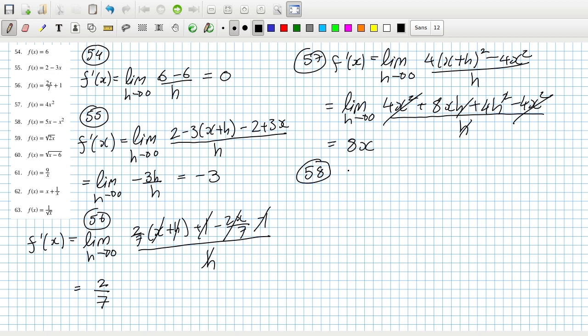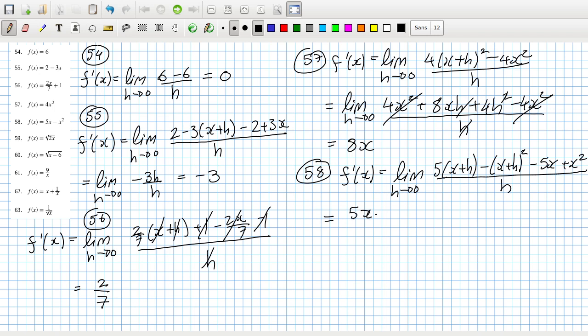58. f dash x equals the limit as h tends to 0 of 5 times x plus h minus x plus h squared minus 5x plus x squared all over h.